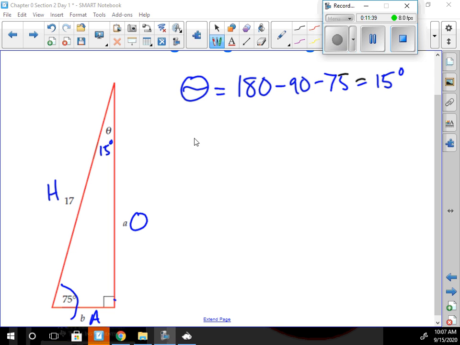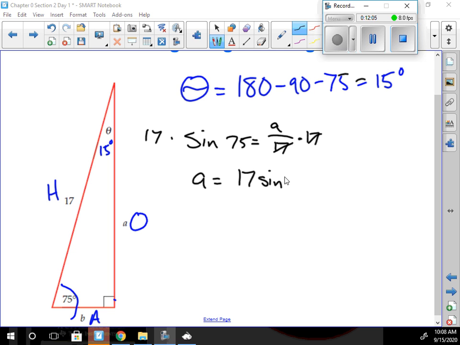So I can use my sine function to find A. Sine of 75 equals opposite, which is A, over 17. Multiply both sides by 17. I get A equals 17 times the sine of 75.